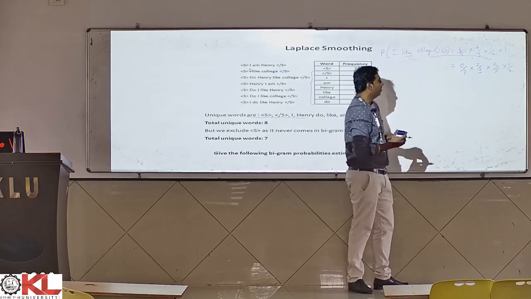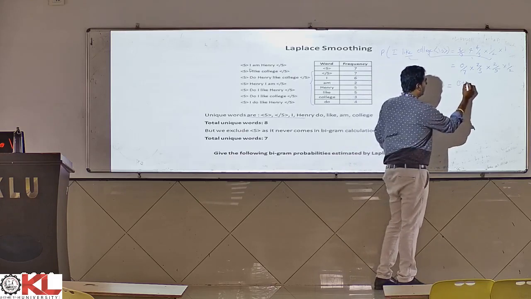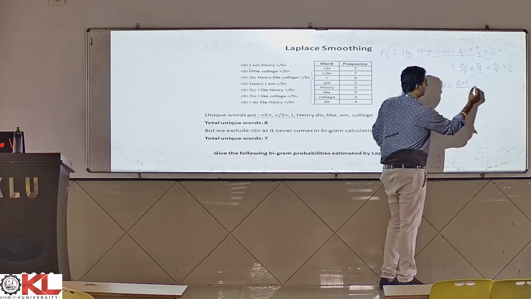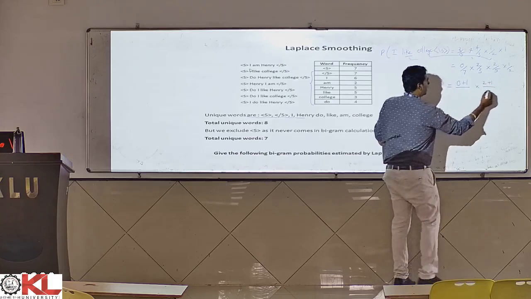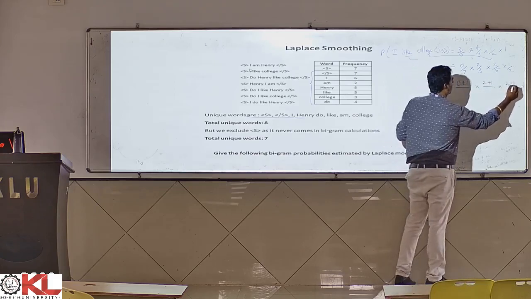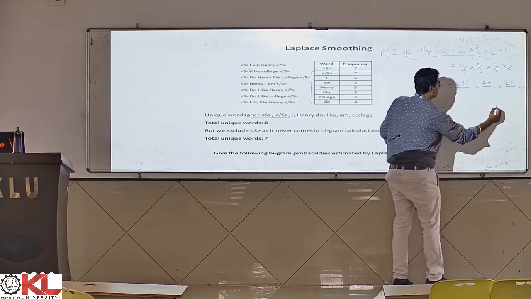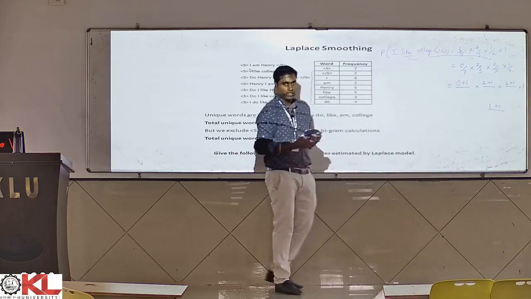How do we do it? In the numerator, I will add 1 to all the individual probabilities: similarly 2 plus 1 divided by, into 2 plus 1 divided by, into, in the final case, 1 plus 1 divided by. In the denominator, what do we have to do?